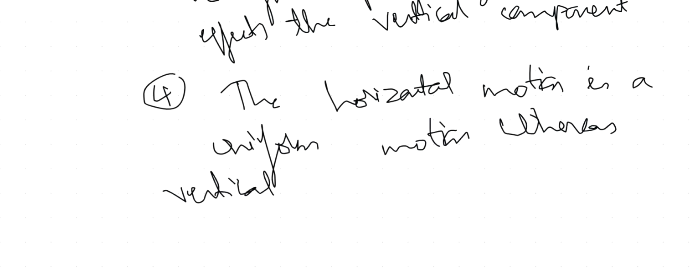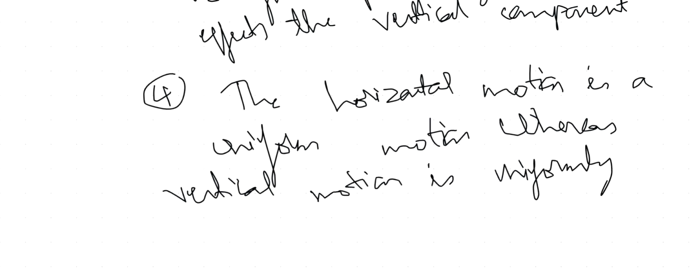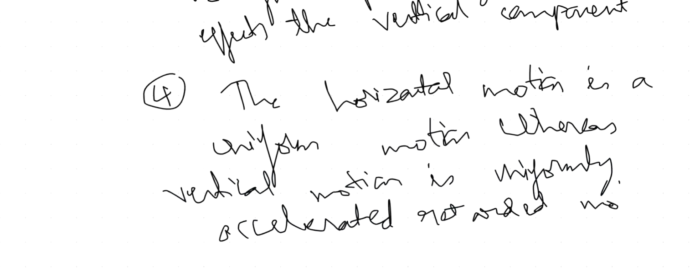That is why the vertical motion is a uniformly accelerated retarded motion. Very important for objective. The horizontal motion is uniform motion, whereas vertical motion is uniformly accelerated retarded motion.